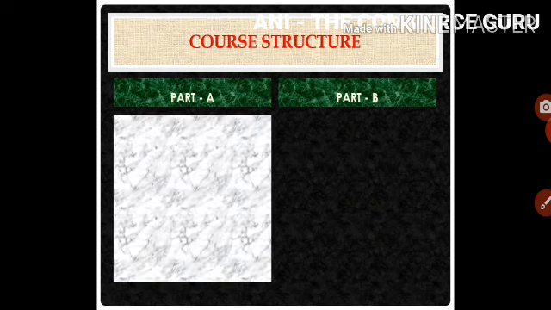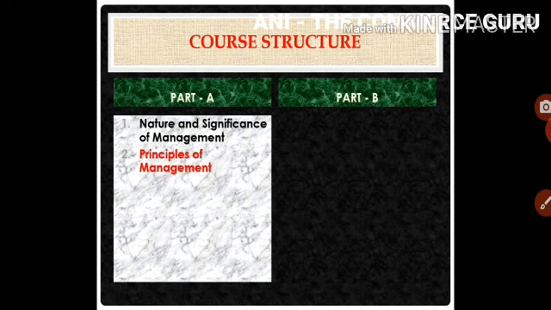Part A consists of 8 chapters. Chapter number 1, Nature and Significance of Management. Number 2, Principles of Management. Number 3, Business Environment.